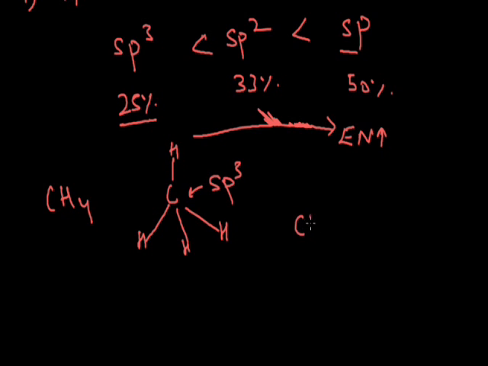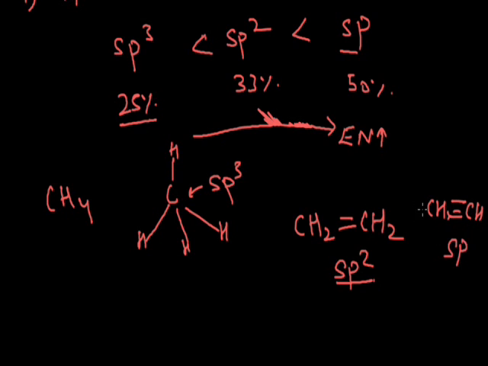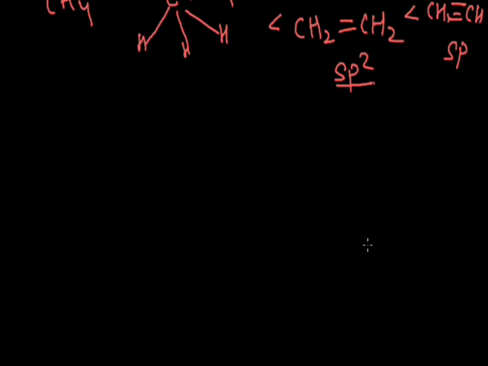While in ethene, the hybridization of carbon is sp2. And in ethyne, the hybridization of the carbon atom is sp. And thus the electronegativity order will be this: ethyne, then ethylene or ethene, and then methane. The maximum EN will be in the carbon which is in acetylene or ethyne.